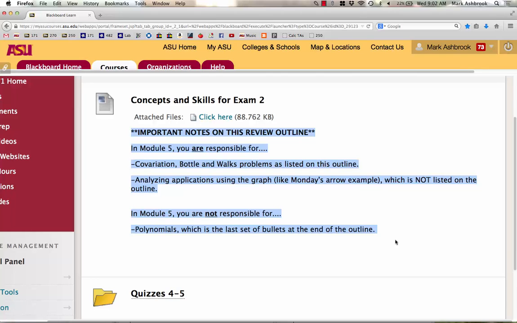Also, what we did last time on Monday, the arrow example and your web work that was due today, you're responsible for that, and that's not on the outline. But at the end of the outline, it talks about all the stuff about polynomials. You're not responsible for that. We didn't cover that. So if what I just explained was unclear, just read this carefully. It explains that, so you know exactly what's on the exam.